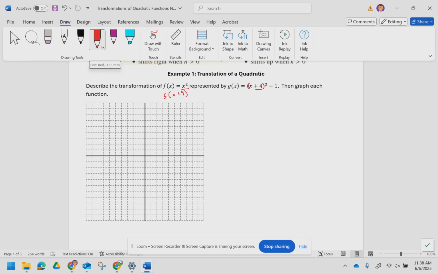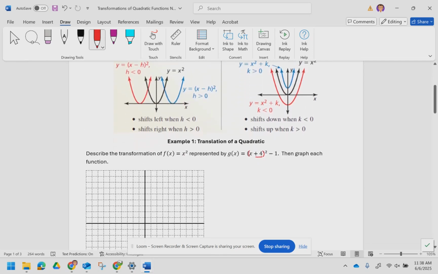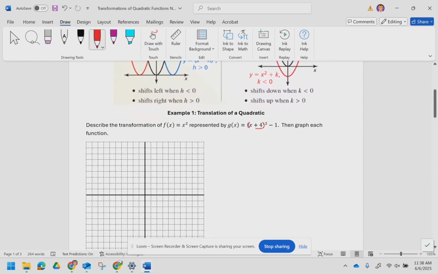So it being on the inside makes a difference. That tells us this is going to be a horizontal transformation. So it's going to be a translation 4 to the left.